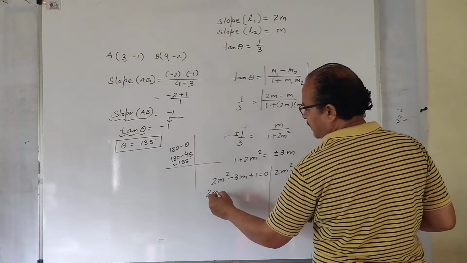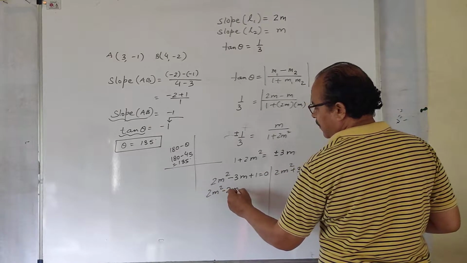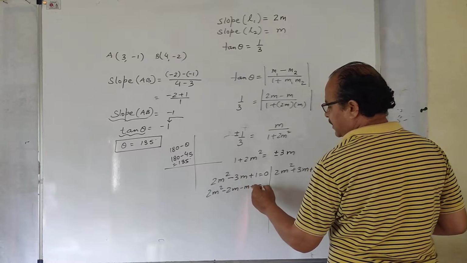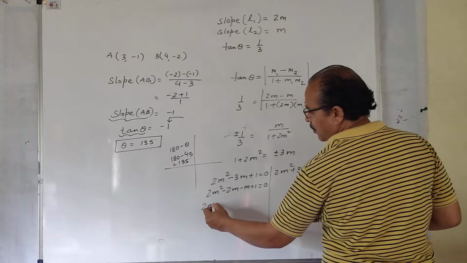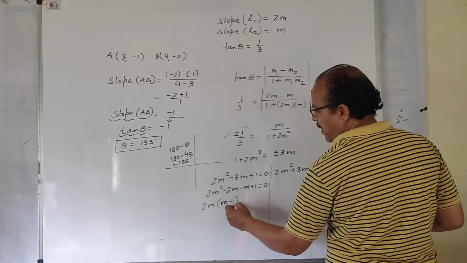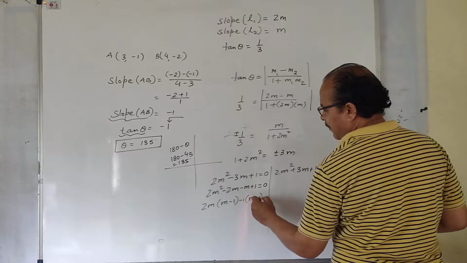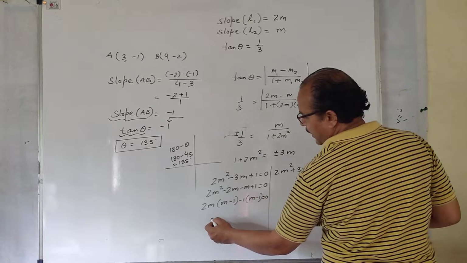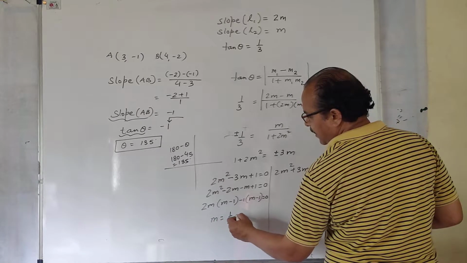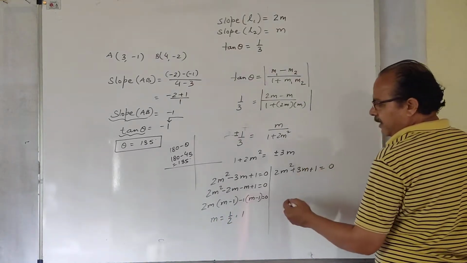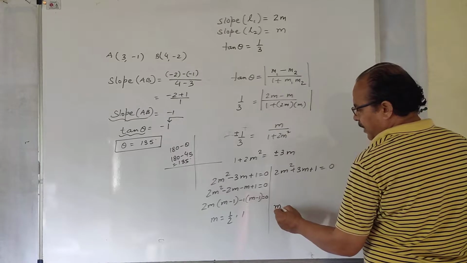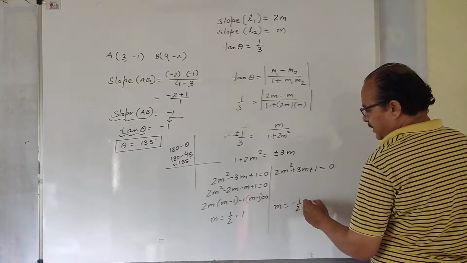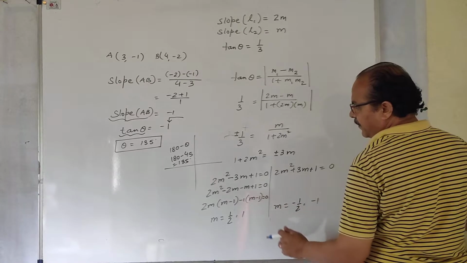So this will be 2m square minus 2m minus m plus 1 equals 0. We will take 2m common, and finally you will get the value of m equal to 1 and 1 by 2. Similarly, from the other equation you will get the value of m equal to minus 1 by 2 and minus 1.